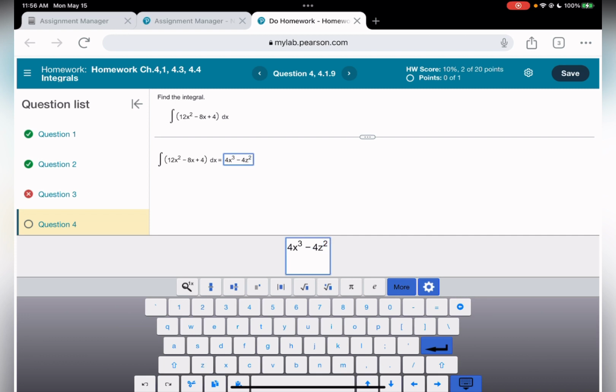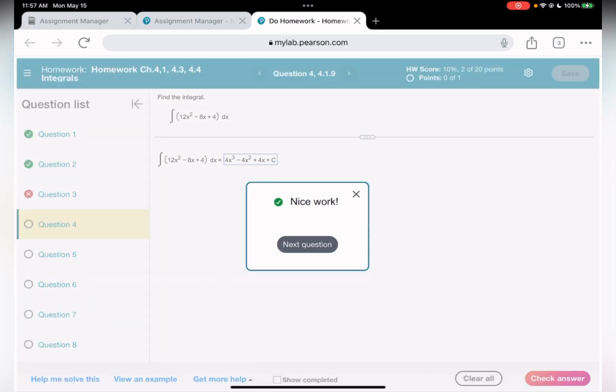What's wrong? Keep putting z. Okay, and plus 4x and one more plus and c.